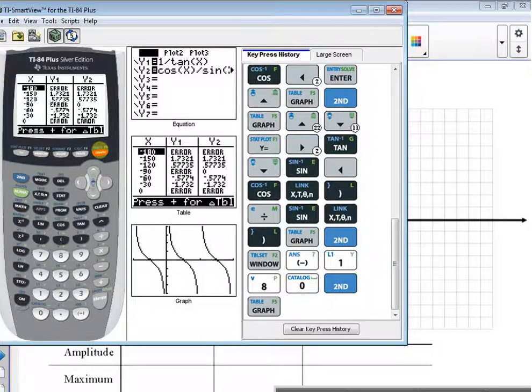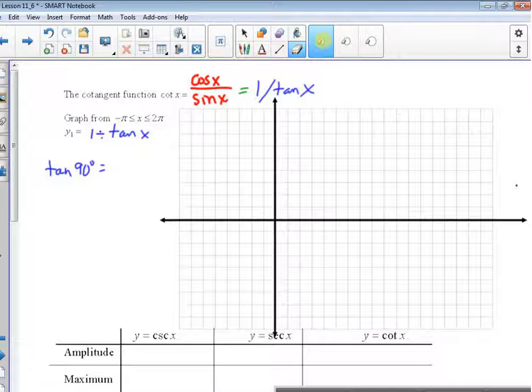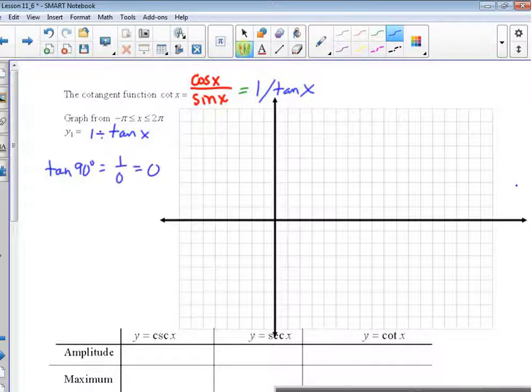Okay, because back here, the tangent of 90 is equal to 1 over 0. But your calculator can't undo that and come up with cotan of 90 is equal to 0 over 1. So you have to know that.